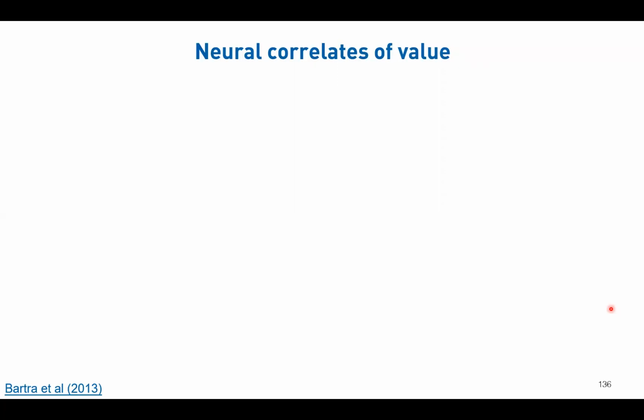So you see this correspondence. When the value is high, the brain activation is high. When the value is low, the brain activation is low. So where in the brain shows this kind of pattern, right?